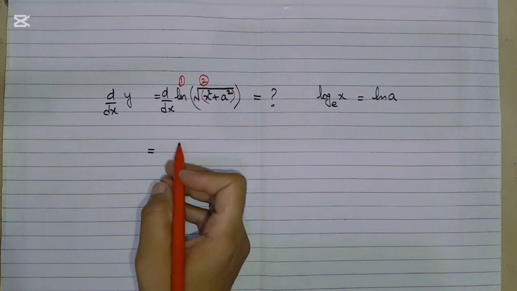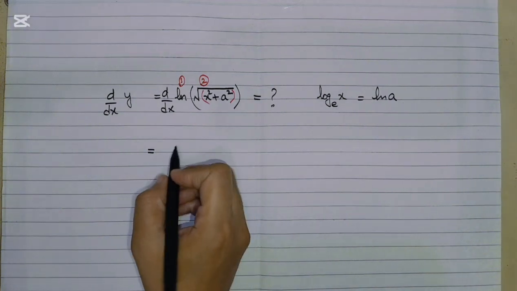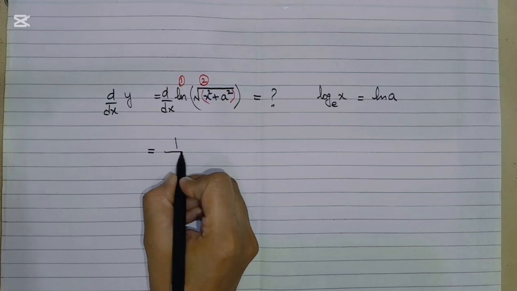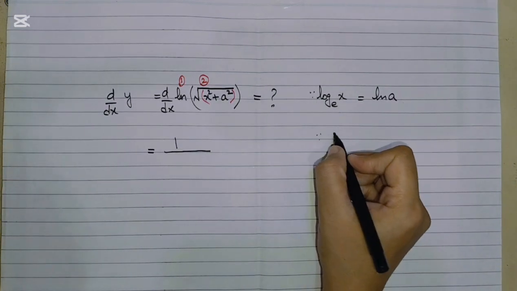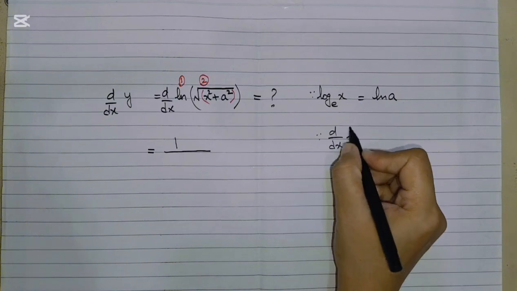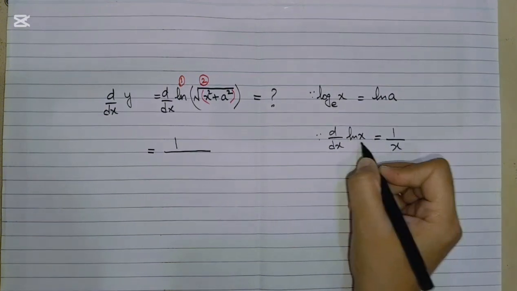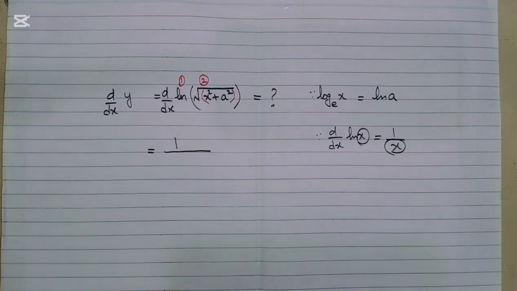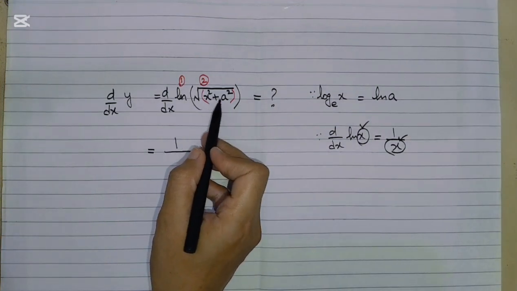Now let's apply. Firstly, applying on natural log, this becomes 1 over x, since derivative of natural log of x is equal to 1 over x. Here is the most important part, its angle. Natural log of x square plus a square.